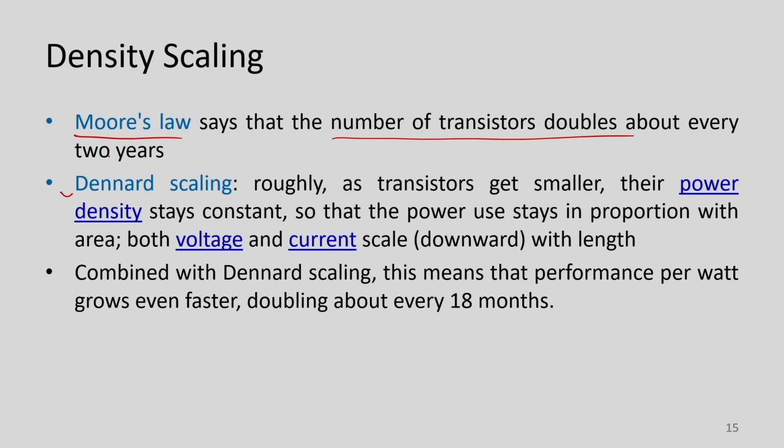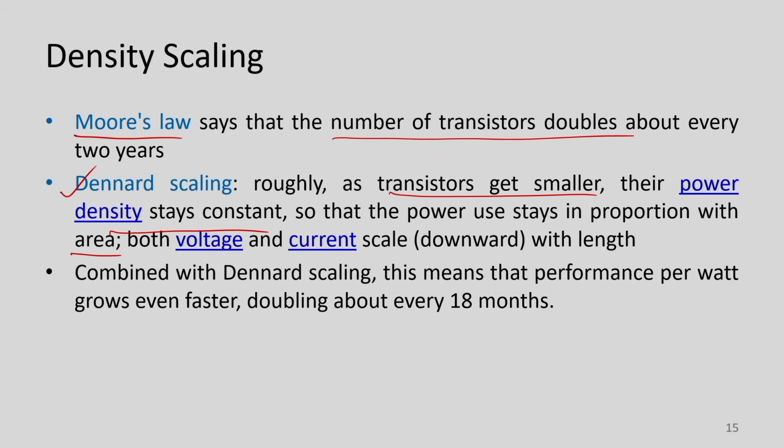How did it impact? That is characterized by Dennard scaling, which says that since the transistor is getting smaller, we can put more transistors in the same area, so the overall power density does not increase, it stays constant, proportional to the area. As long as your area remains the same, you put more transistors in it, and since they are smaller, the overall power density does not increase that much.